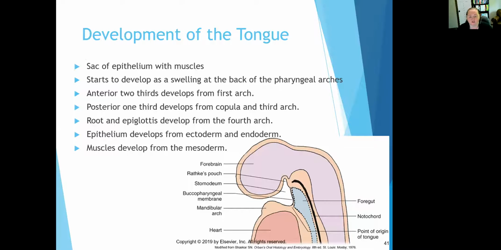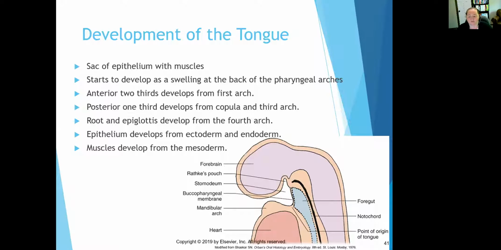The anterior 2/3 of the tongue develop from the first pharyngeal arch, and the posterior 1/3 or the root of the tongue develops from the copula and the 3rd arch. And I have a great video here in a little bit of a guy that explains it really well. The root and epiglottis develop from the 4th arch.